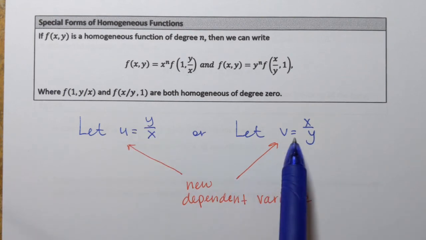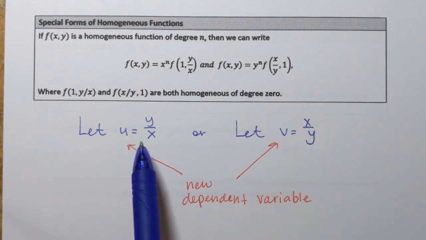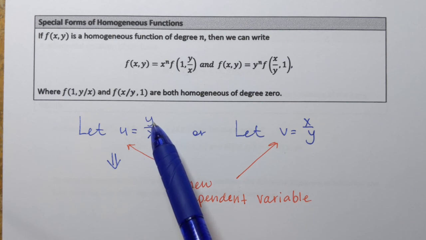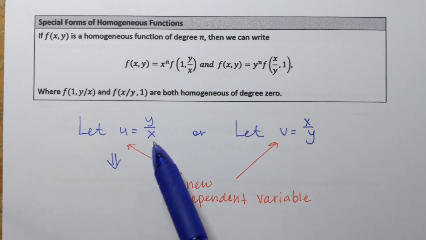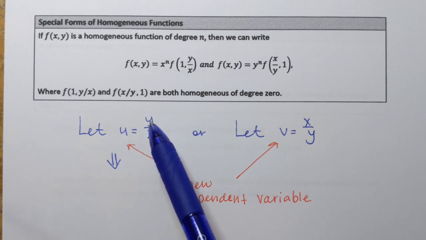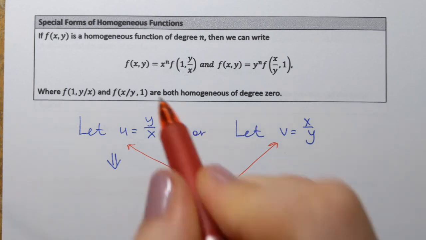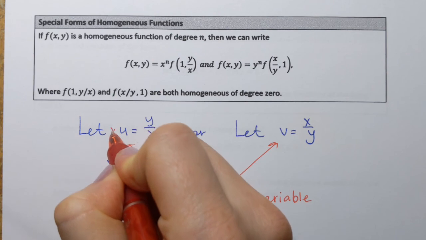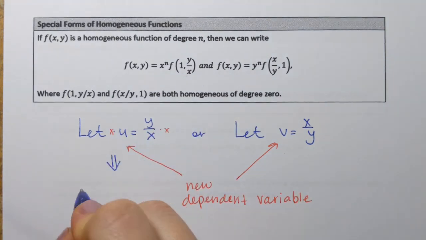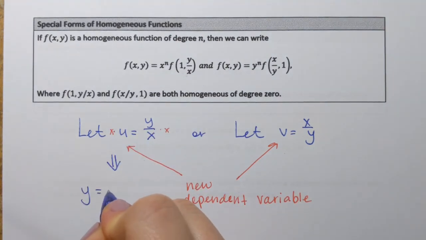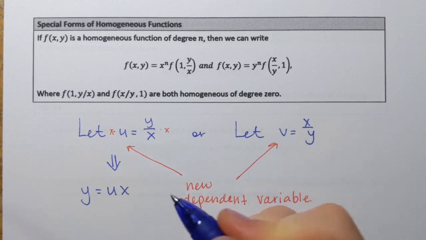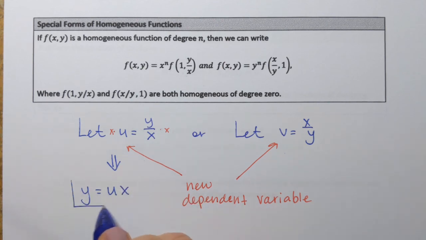I'm just going to do one more step here for both cases. I will get y by itself for this first case. So to get y by itself, what do I do? I just have to multiply by x on the right and by x on the left, right? Times x times x. So y equals u times x. Okay?